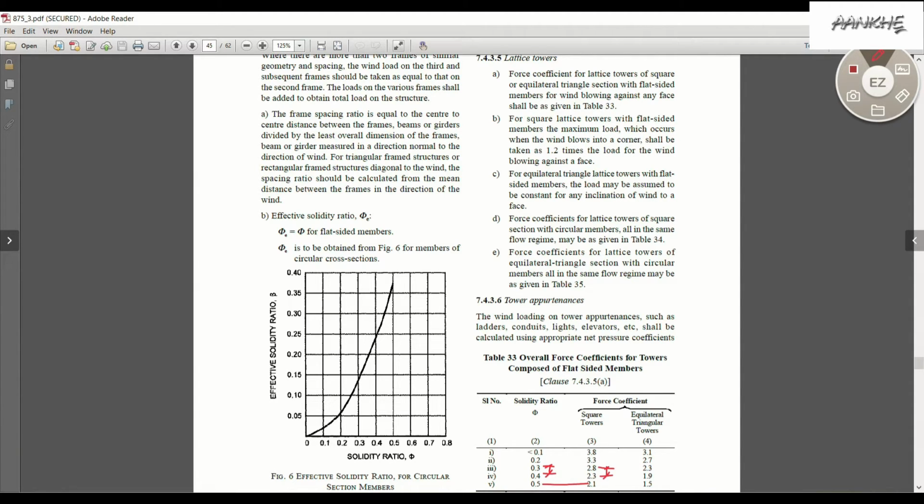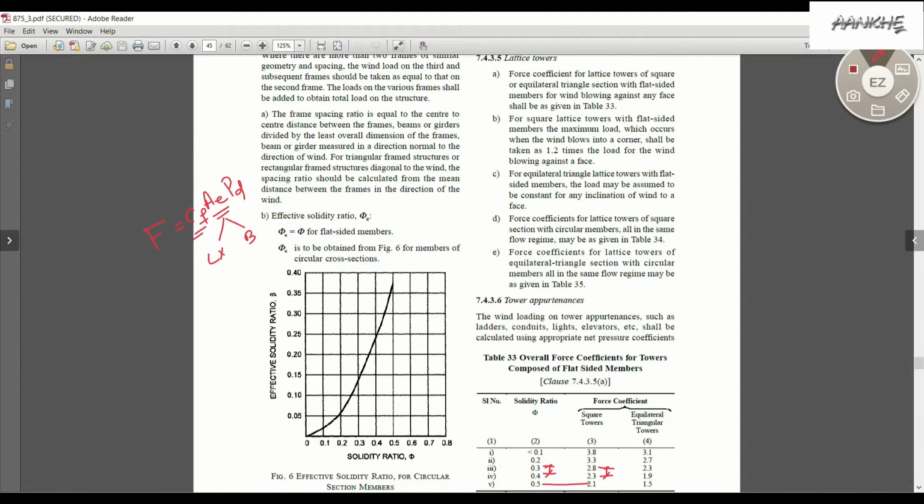So our CF will be, as our formula says, F is equal to CF A PD. A we need not calculate, again this AE will be your length into breadth.